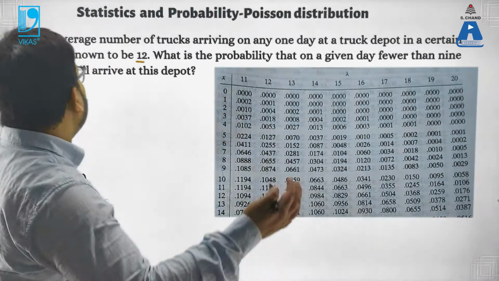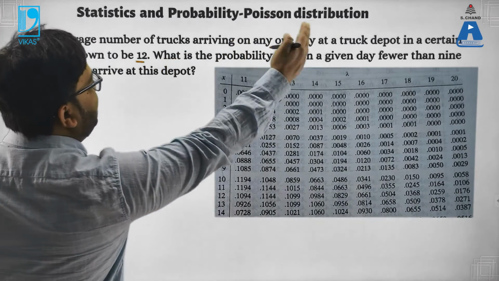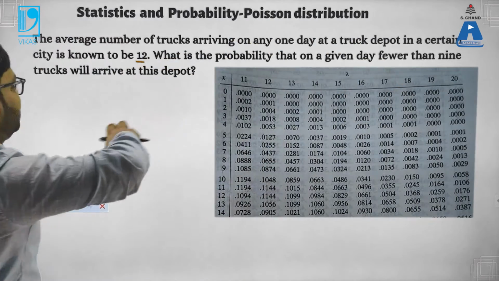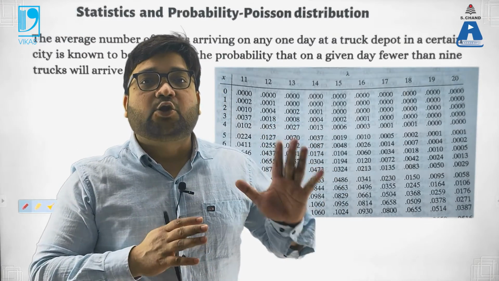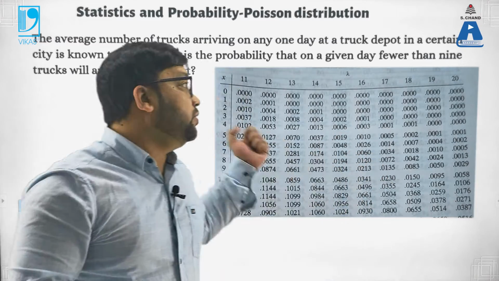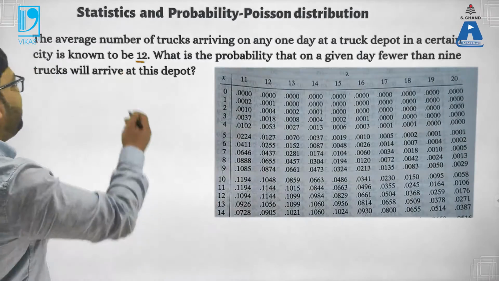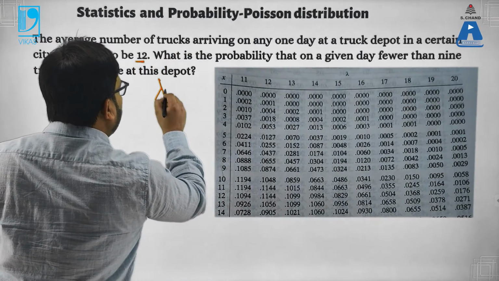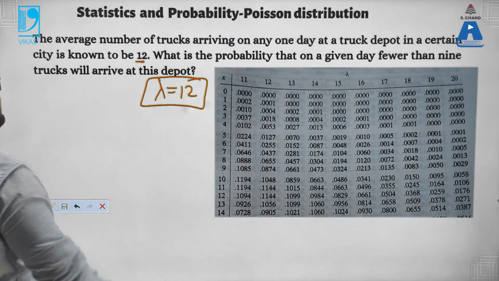The question says that the average number of trucks arriving on any day is 12. That is like the 5 telemarketing calls that you are getting every day. So here 12 trucks arrive every day on an average. So this becomes my lambda value, 12, the average mean value.